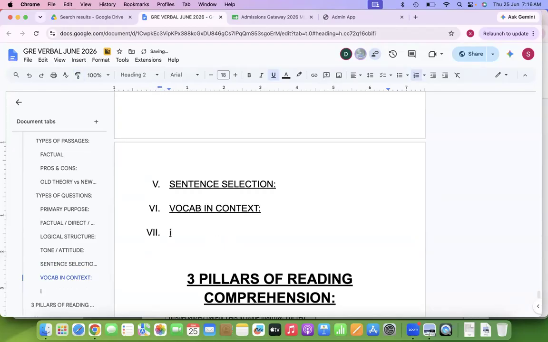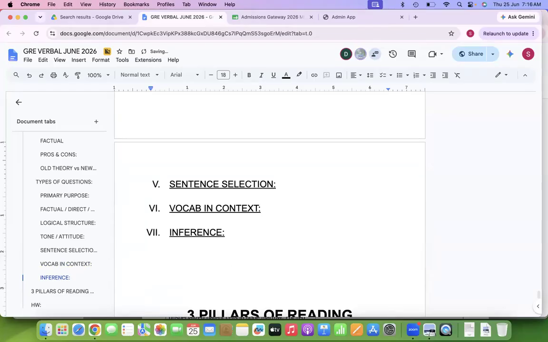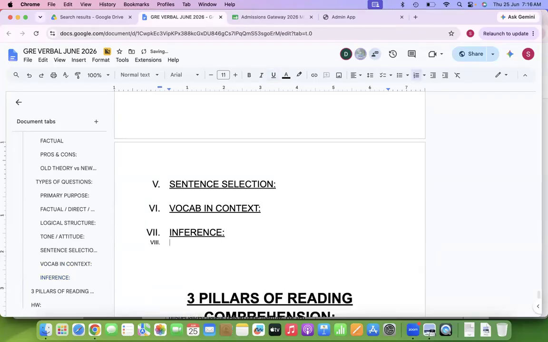Then we have the inference question. And something known as further application.